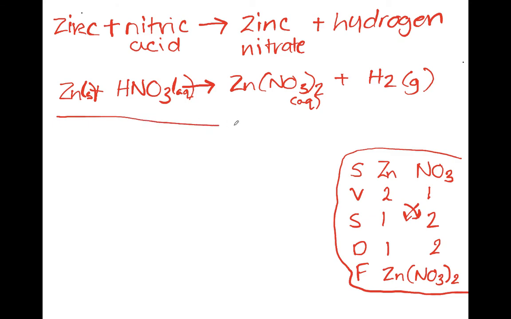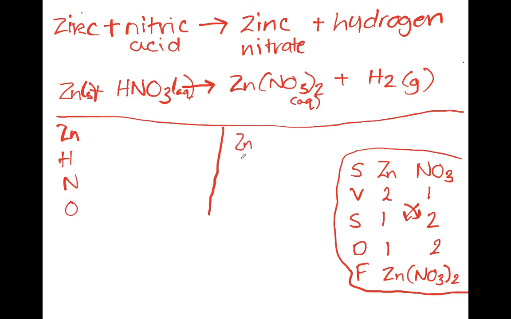Is it balanced? No, it is not. So we're going to balance it. We've got zinc, hydrogen, nitrogen, oxygen. Sorry, guys, I'm still getting used to my new graphics tablet, so you're just going to have to bear with me.